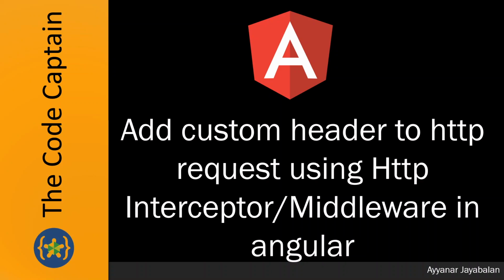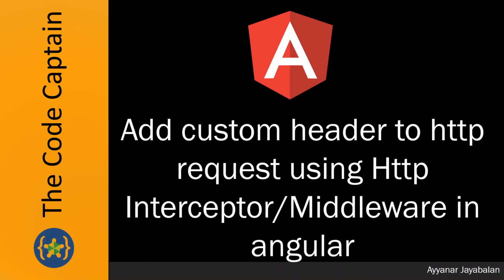To handle that, we are supposed to add the token in all the HTTP requests after login. To handle that in a common location, we can have one middleware, which is nothing but an HTTP interceptor, where we can intercept the HTTP request from the Angular application and add whatever we want as part of the header.